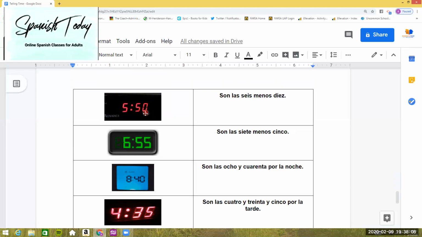Here's an example. So 5:50 will be 6 o'clock minus 10 minutes. Son las 6 menos 10. Okay? So it's 6 minus 10 is 5:50.